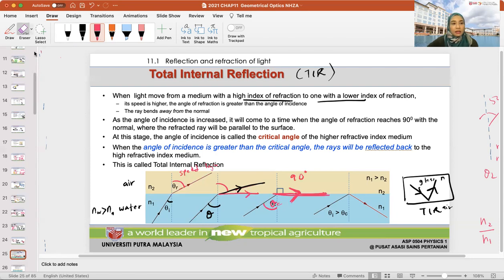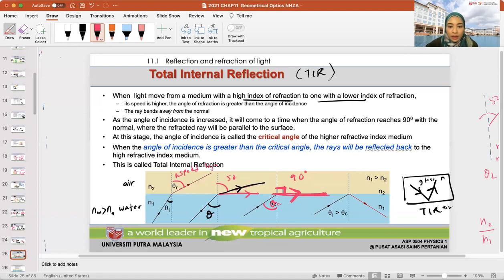So the refracted light is 90 degrees with respect to the normal. So the angle now is not 30, not 50, it is 90. Earlier it was like 50, 30, right. So now it's 90 degrees with respect to the normal, and the incident angle is called the critical angle.